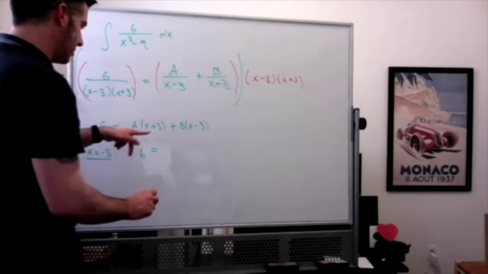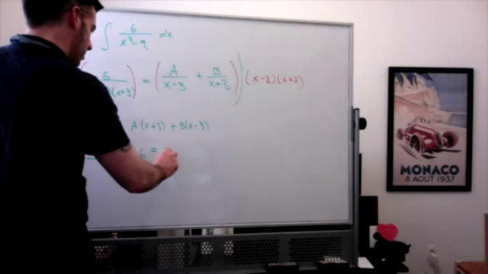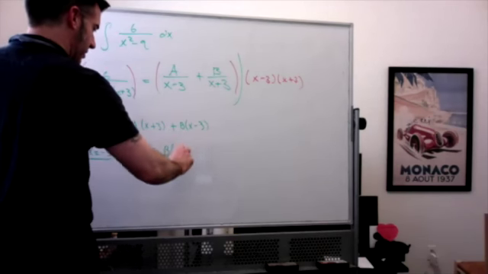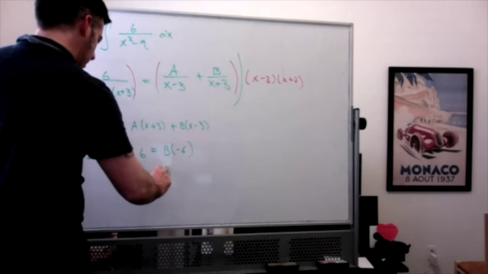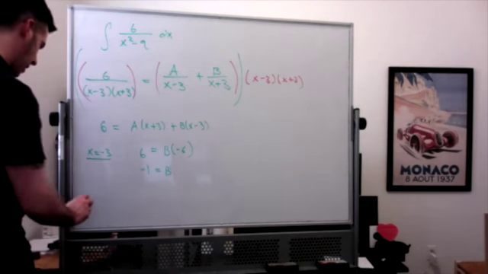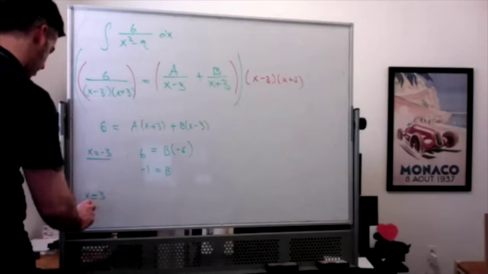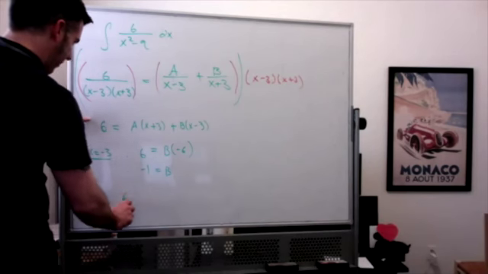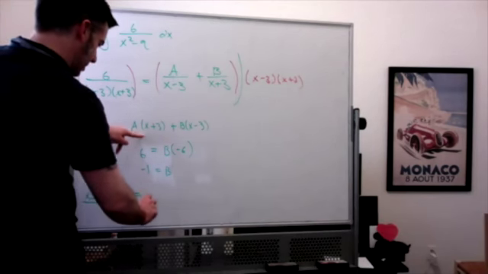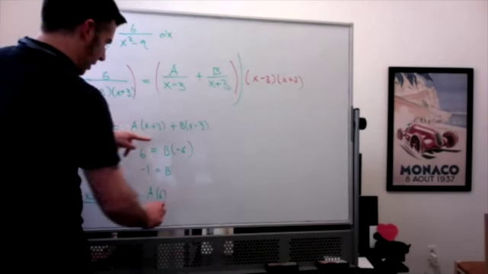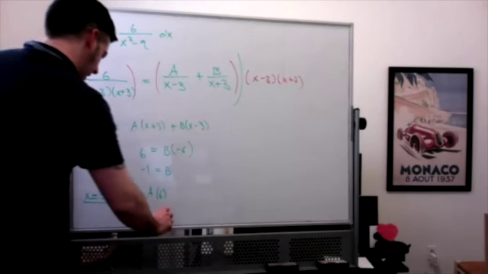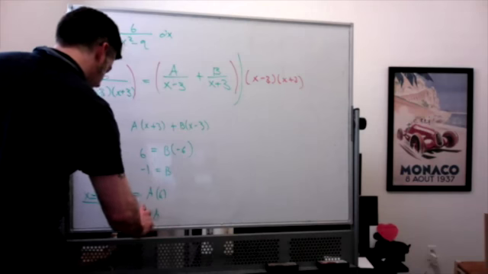And I get 0 plus b times -3 minus 3, which is -6. So b is equal to -1. If I plug in x equal to 3, I get 6 on the left. I get a times 6, and I get b times 0. So I get a equal to +1.